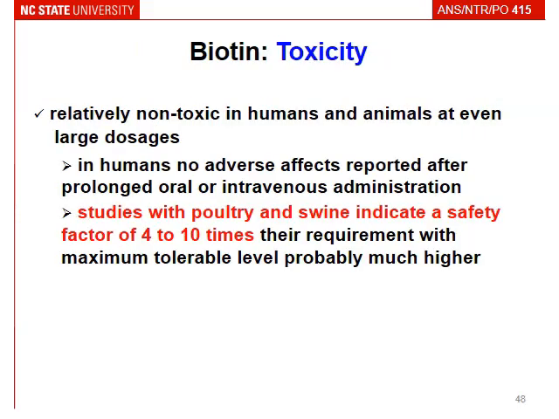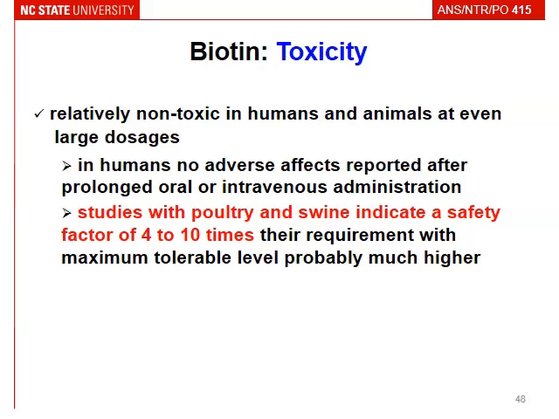And like the majority of our B vitamins, biotin is relatively non-toxic. In humans, we have no adverse effects with prolonged oral or even intravenous administration, so we're able to clear our biotin if we have excess.